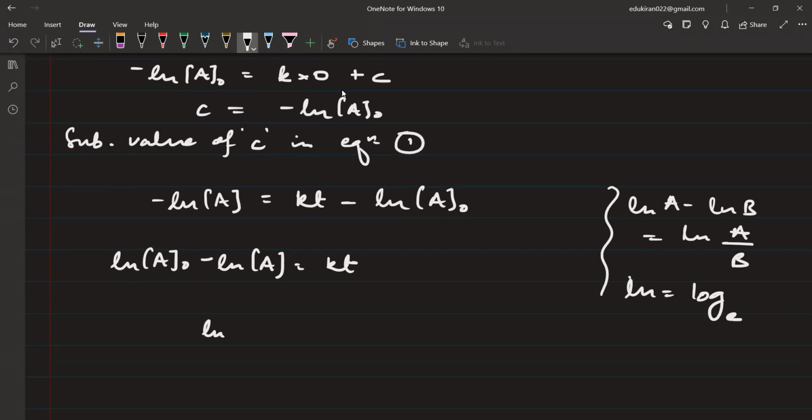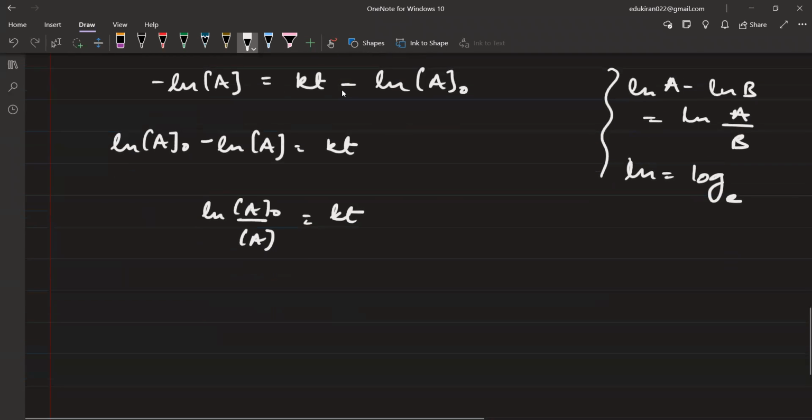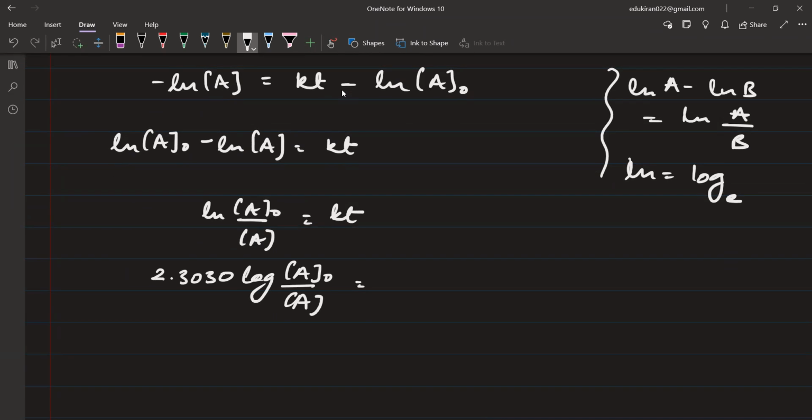So I will get here ln A naught upon A is equal to KT. Now we don't do any calculation with the natural log ln. We do it with log. So in order to convert it, I will write 2.303 log of A naught upon A is equal to KT.